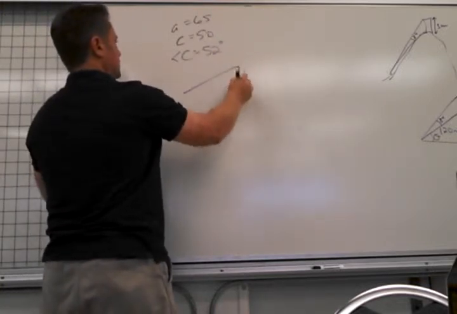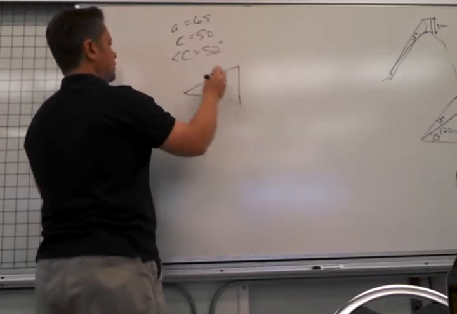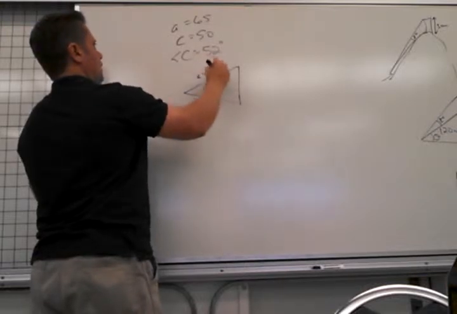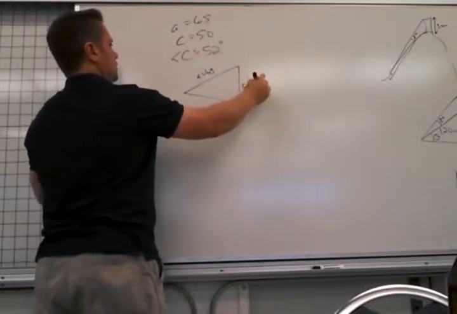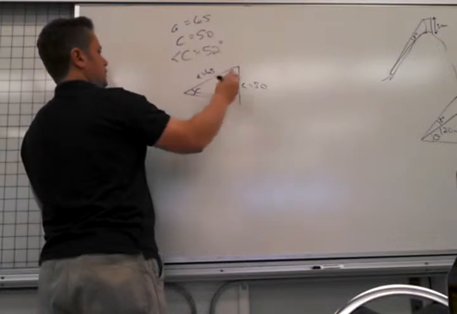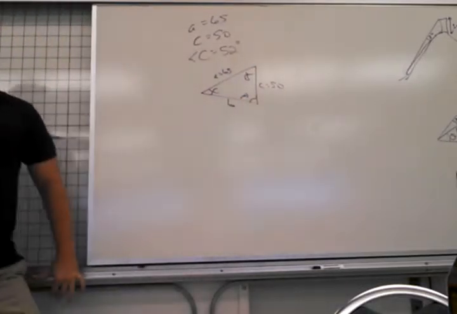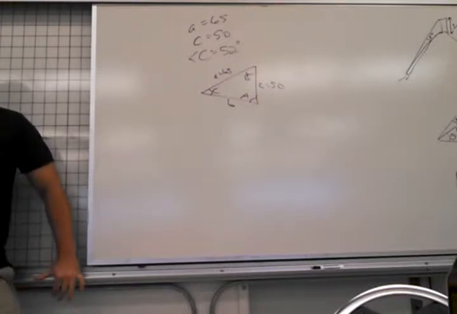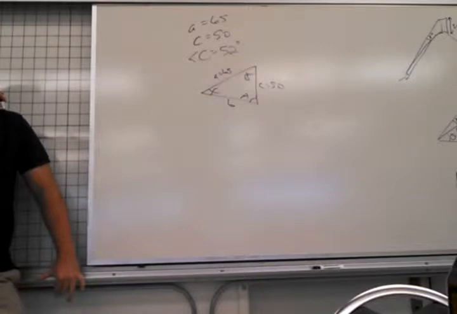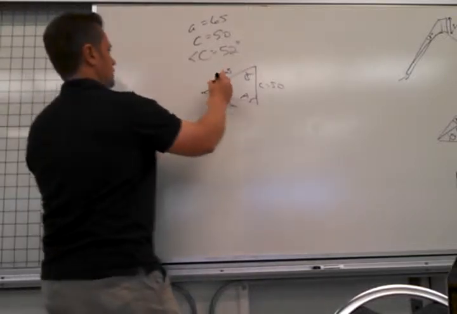We'll make that A since it's the biggest so far. This could be C. So this is angle C, angle A, angle B, side B. So that's the first step, just setting up your triangle and labeling everything appropriately. Obviously, 52 for C.